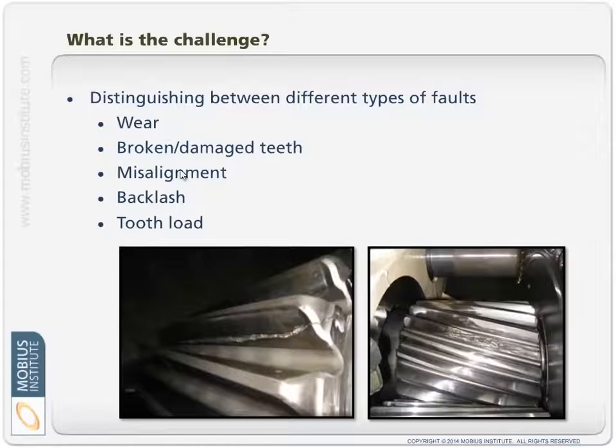We're looking for misalignment in the gearbox, backlash, tooth load, and one that I haven't listed up there is eccentricity, where there's some run out or actual eccentricity, or for whatever reason, maybe wear in the bearing which has moved a shaft. In any case, we're looking for those different sources of vibration that indicate these different types of faults.